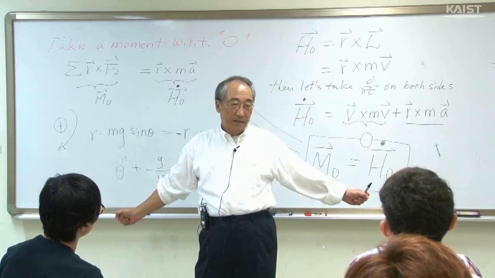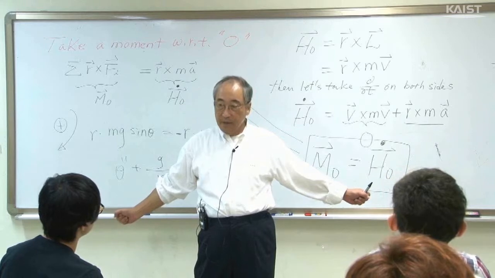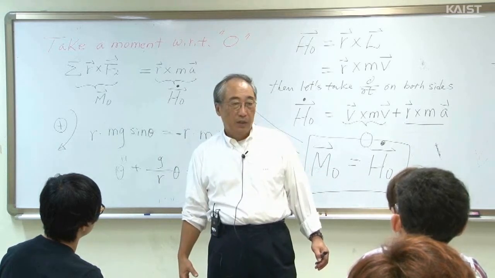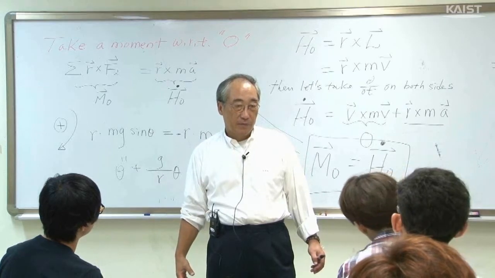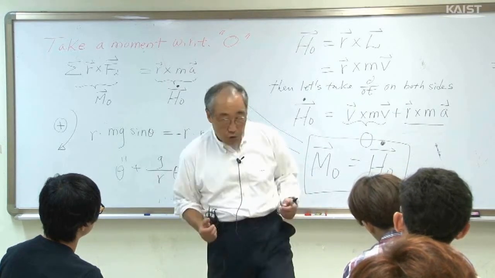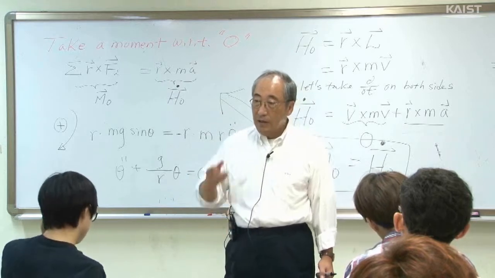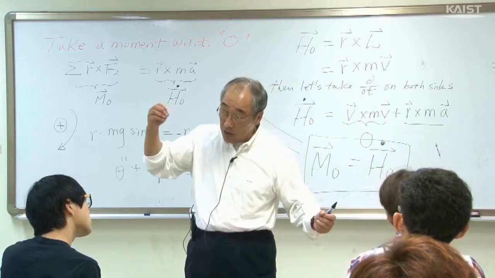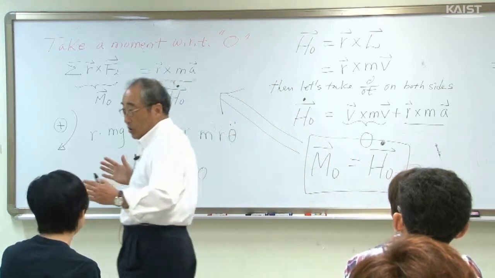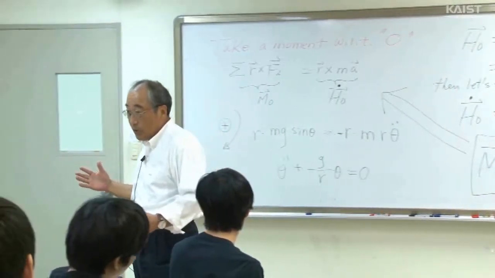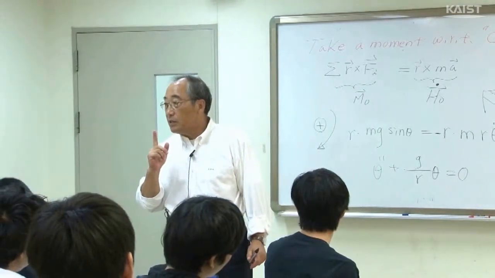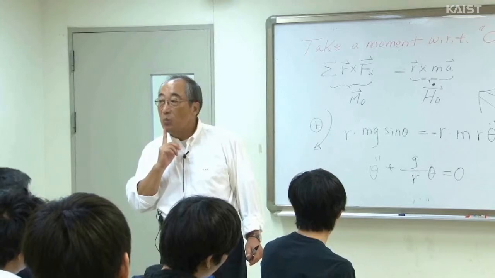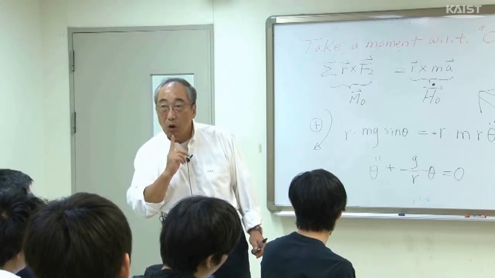Right? Okay. Also, you can see many other things. For example, in diving, when divers shrink their body, the rotation increases. When they elongate the body, the rotation decreases, and so on. The reason is because there is no moment.